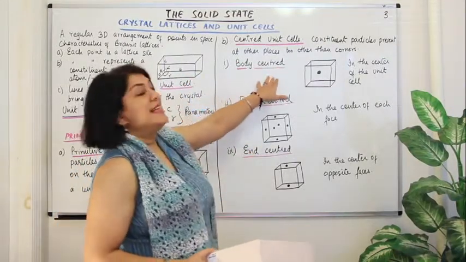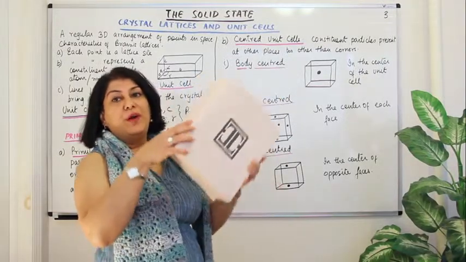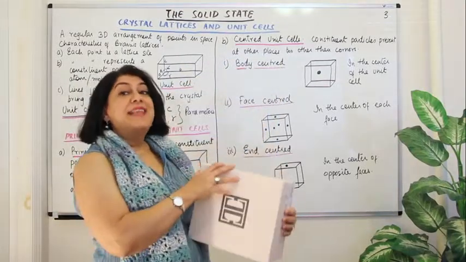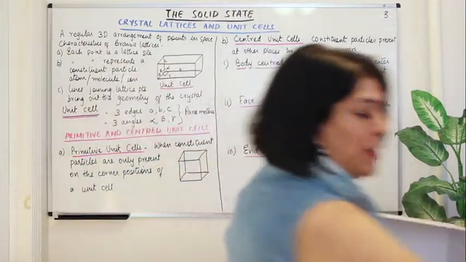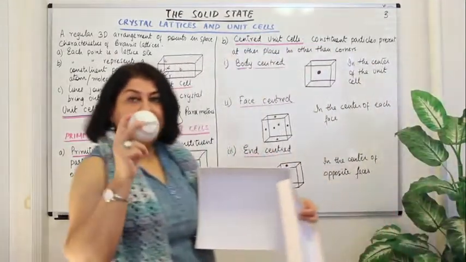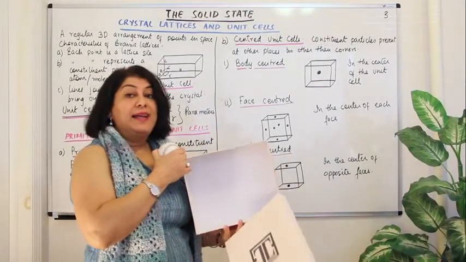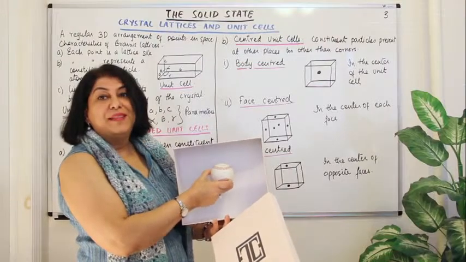the body-centered. The body, now this is the body of the cuboid. The entire box is the body. So body-centered. In the center of the body, let us now imagine I have this wall here. All the corners are occupied by the walls. And now in the center of the body, you have one ball in the middle.